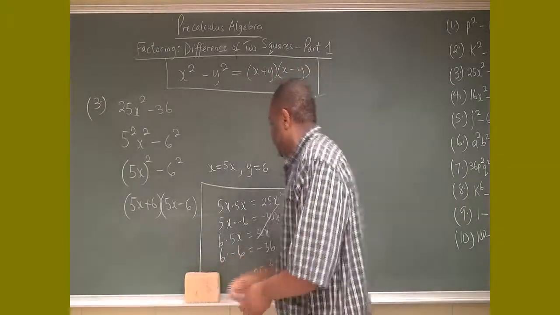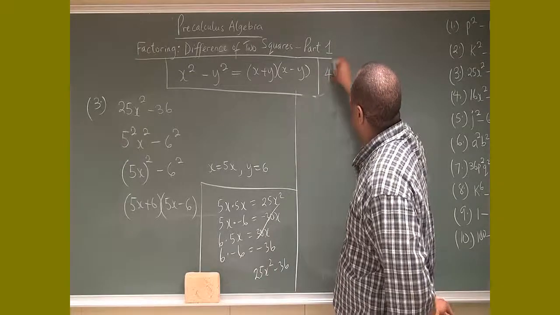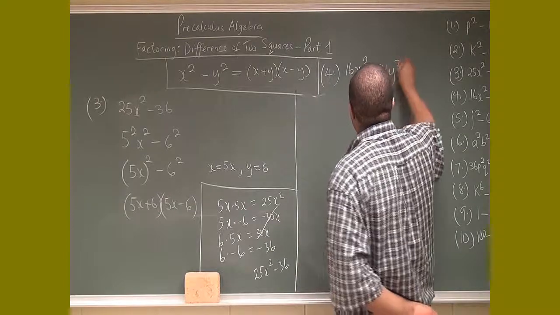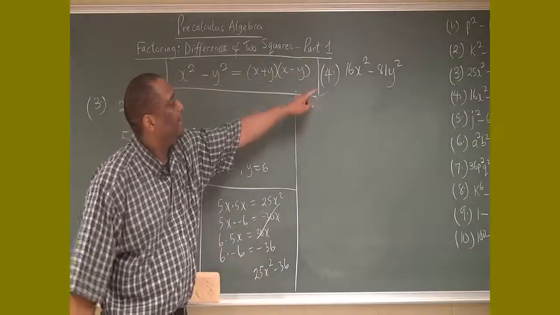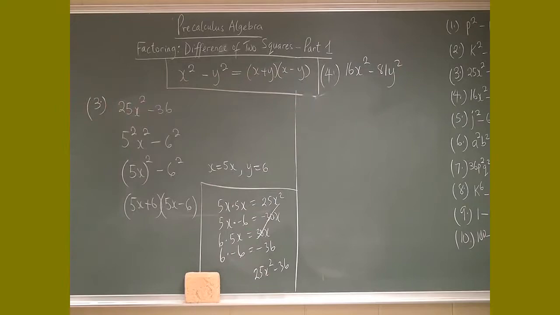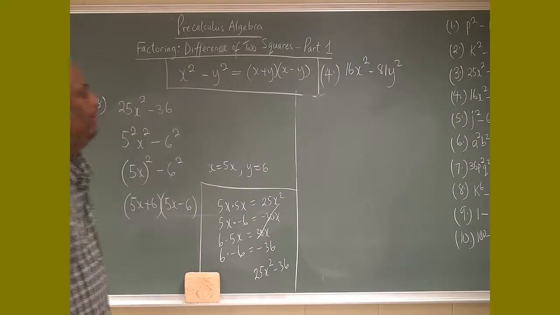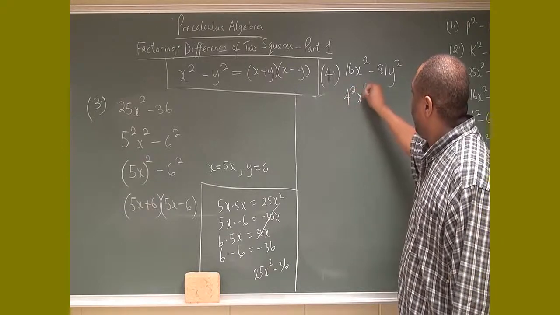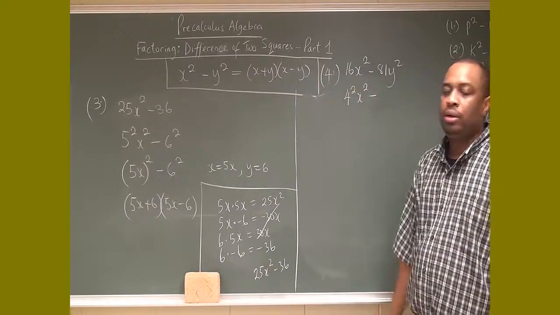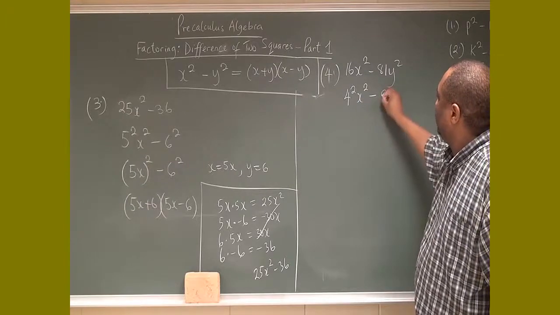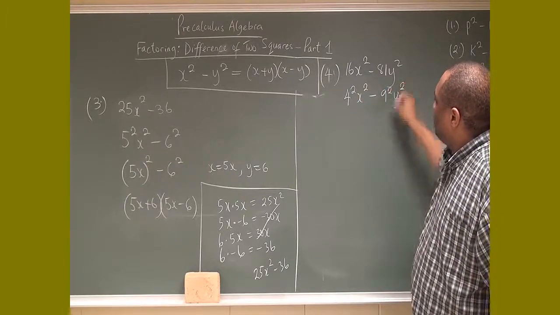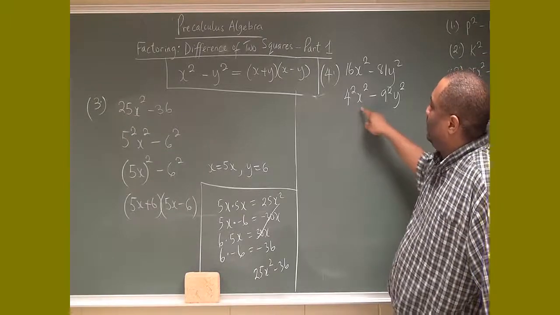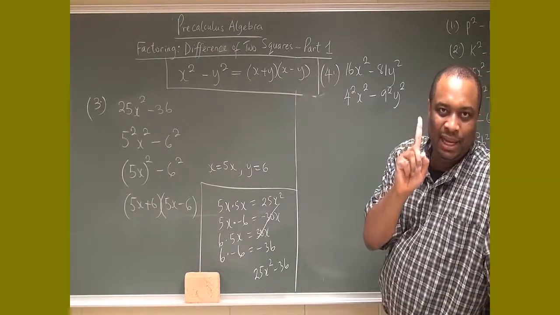So let's get it going. Question 4, 16x squared minus 81y squared. Here, the 16, we know is 4 squared. So this is going to give us what? 4 squared x squared minus 81, we know is 9 squared, 9 squared y squared. So you combine this because you know your x is just a single entity.